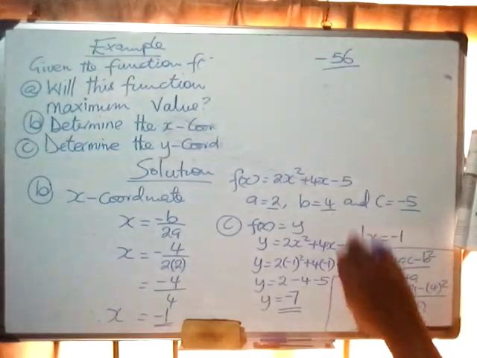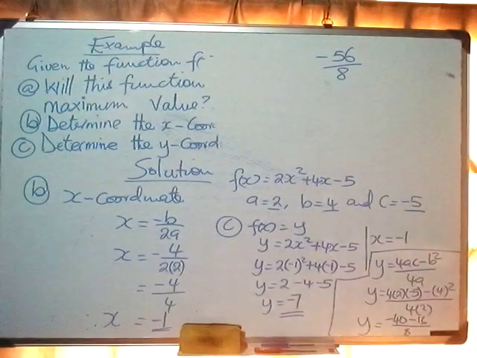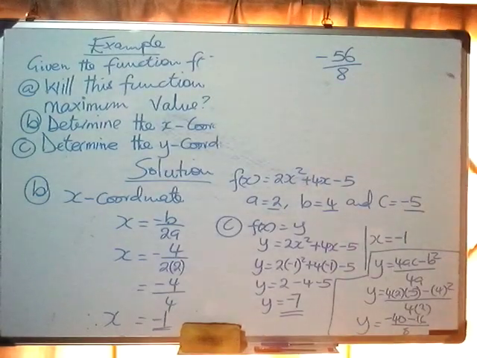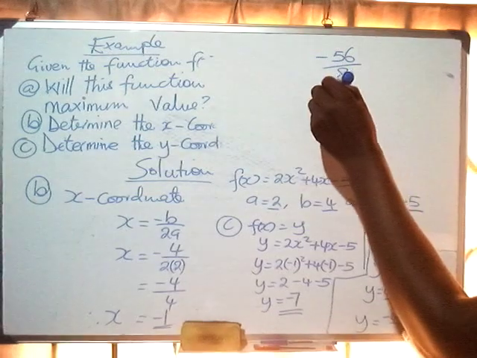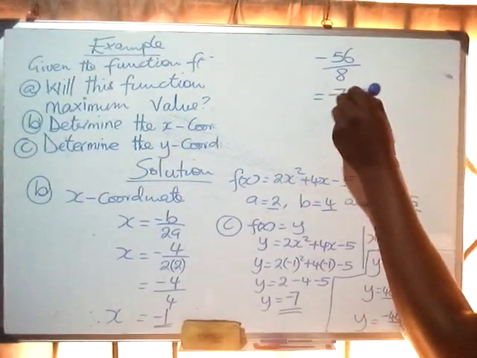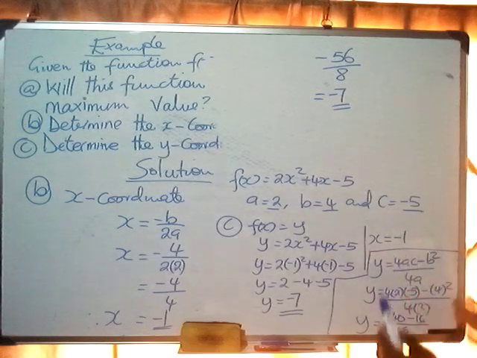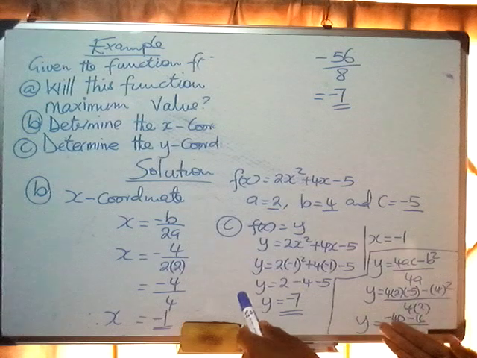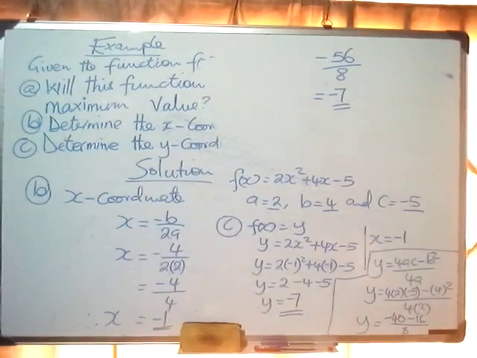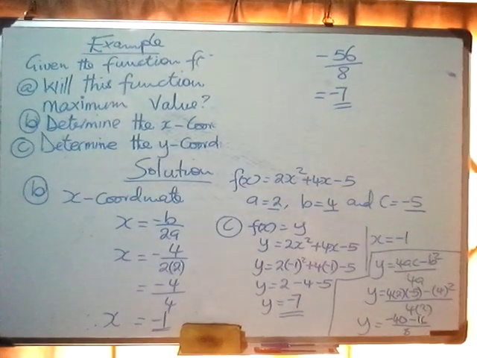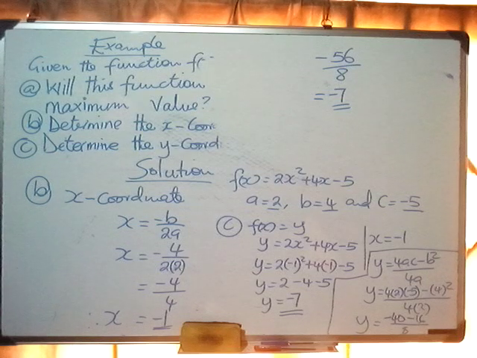Now -56 divided by 8: how many times does 8 go into 56? It goes 7 times, so the answer we get is -7. So you can use either this formula or that formula, if you have already found the value of x.